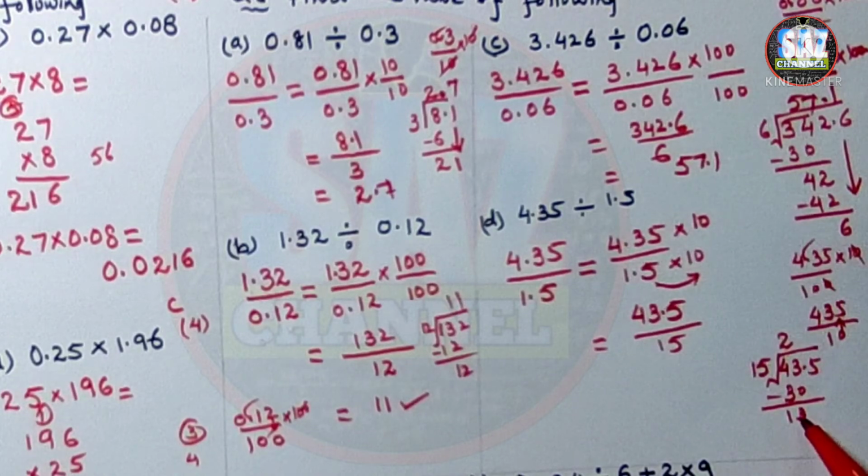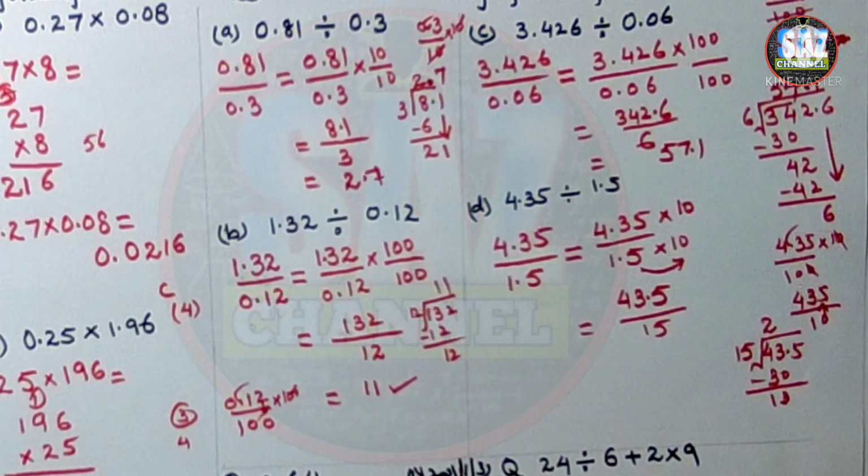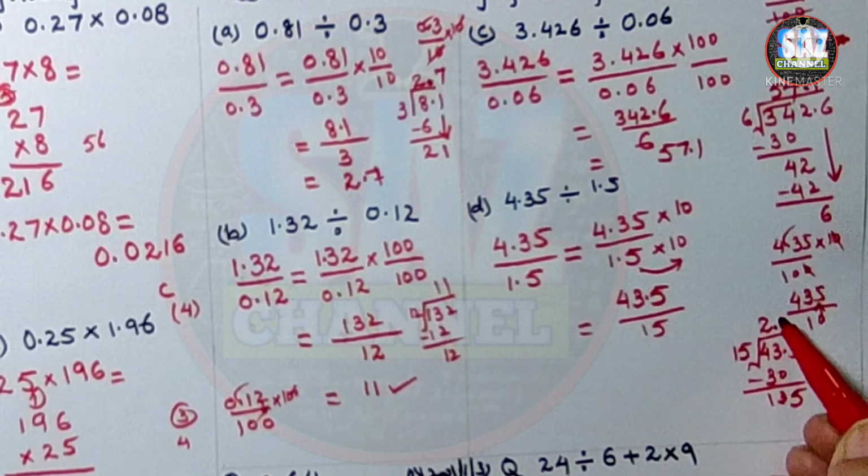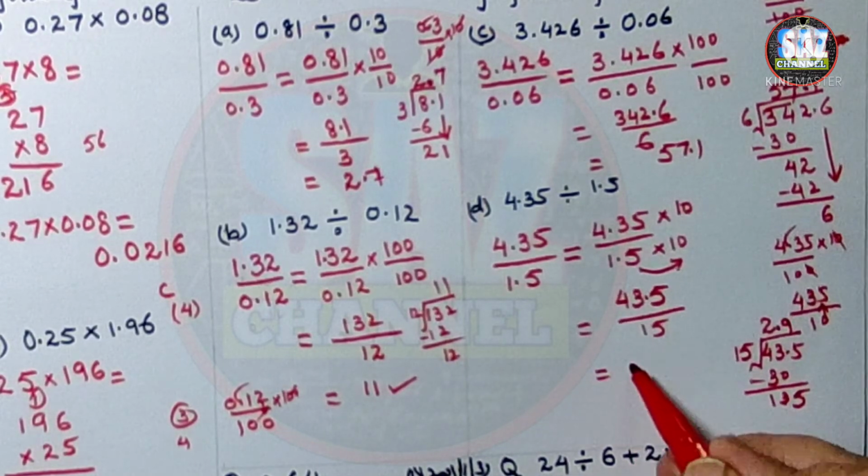So what we have to do, I have to bring this third digit down, but before that we have the decimal over here. So we will put the decimal in the quotient, and in the table of 15, how many times is suitable for 135? 15 nines are. So 2.9.